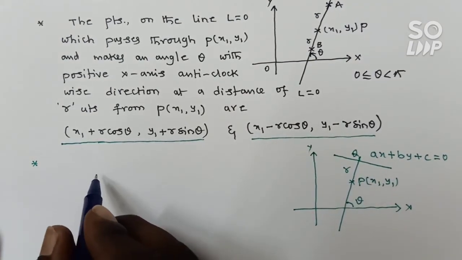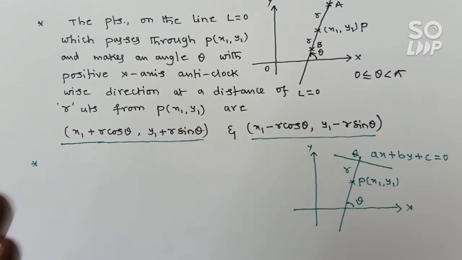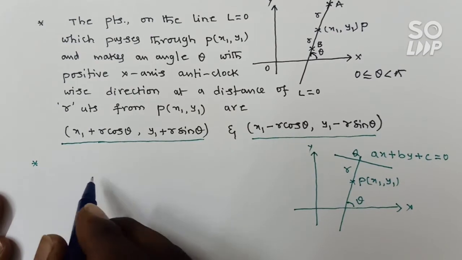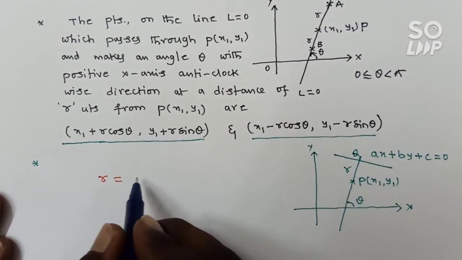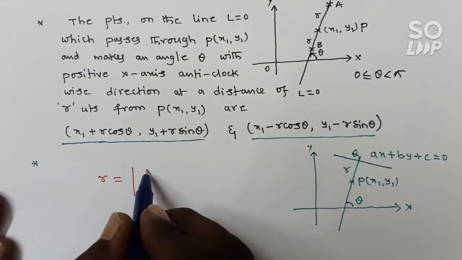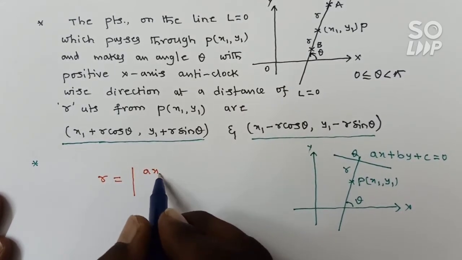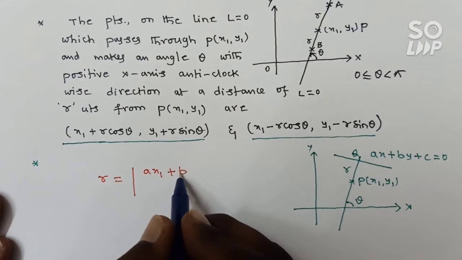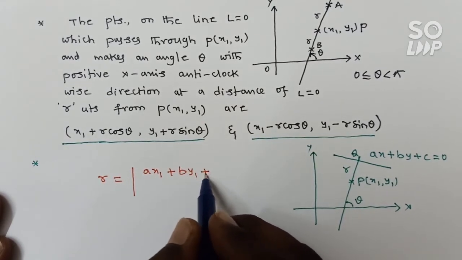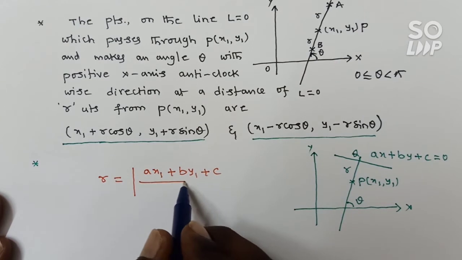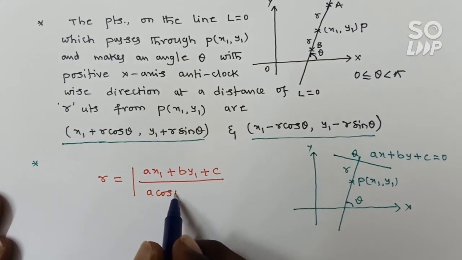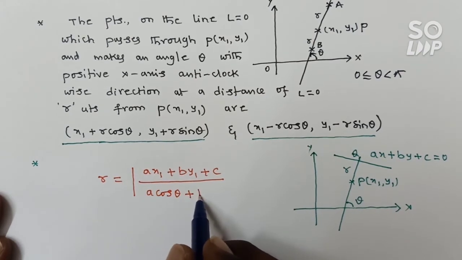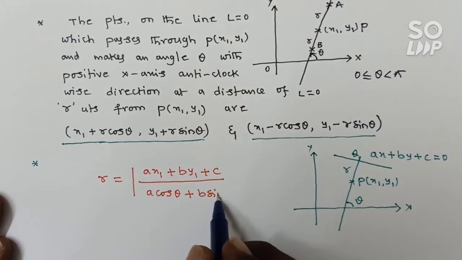Now here the formula will be r equals modulus of a x1 plus b y1 plus c, whole divided by a cos theta plus b sin theta.